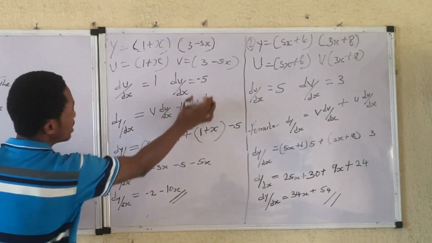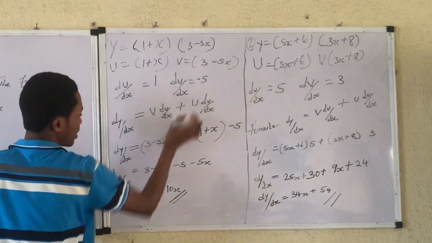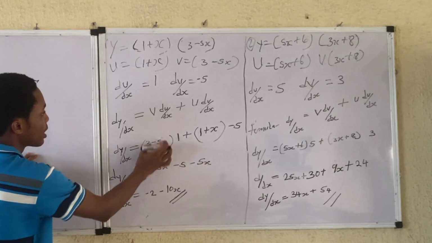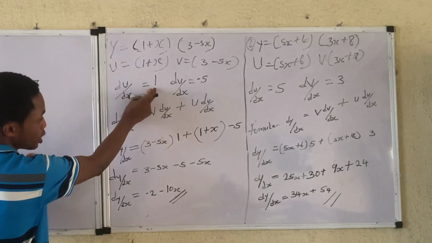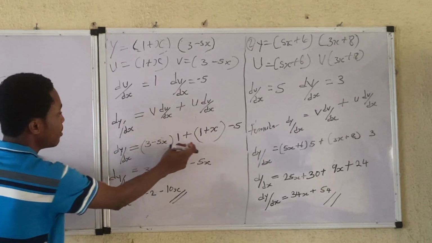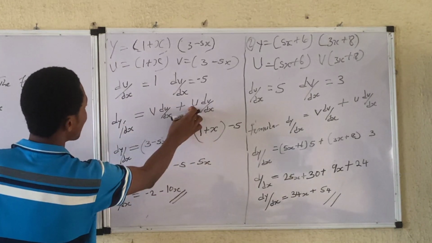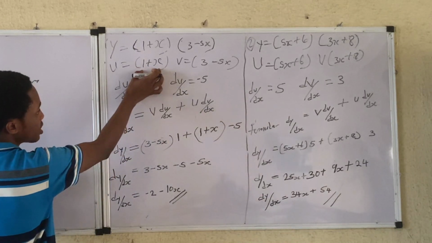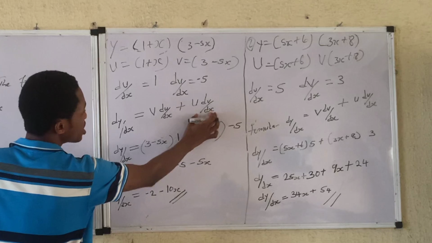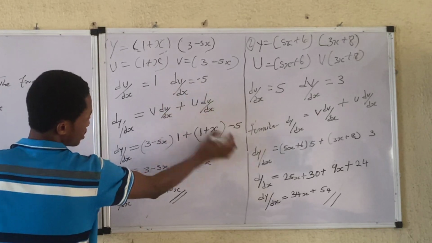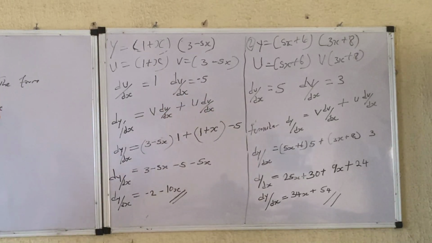Our v is 3 minus 5x, which we put here. Where is our du/dx? Our du/dx is 1, that is the one we have here. Plus, where is our u? Our u is 1 plus x, so we put 1 plus x here. Where our dv/dx is minus 5, that's our minus 5 here.